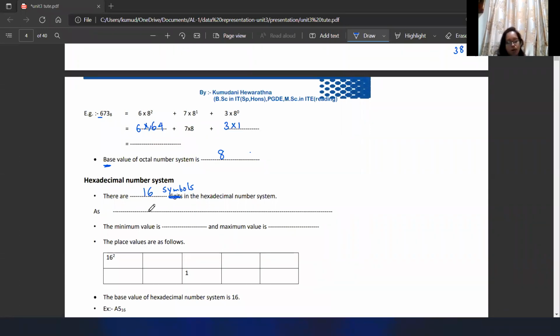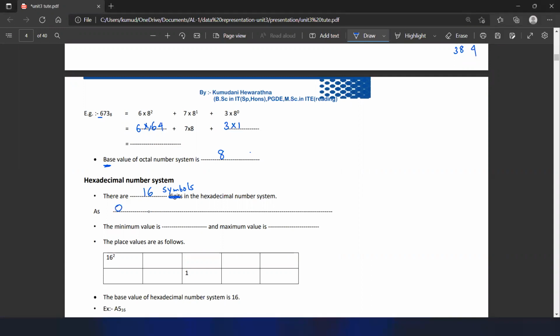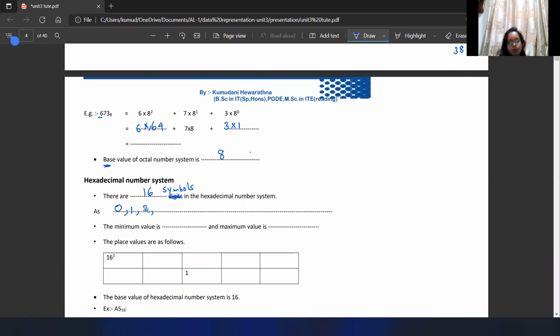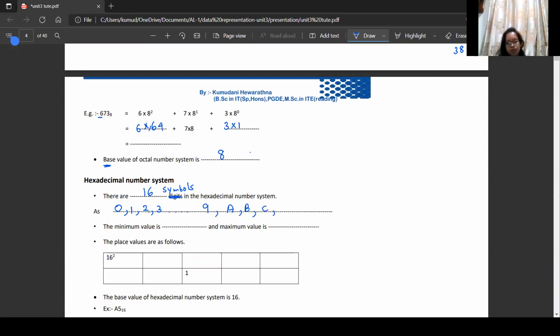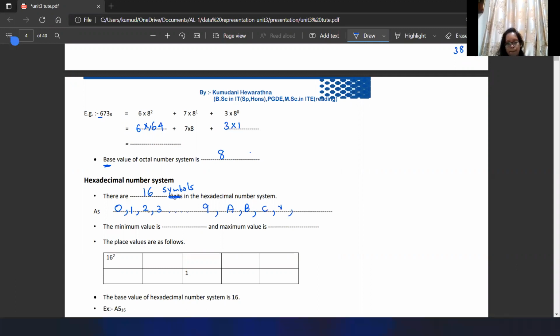What are the symbols? 0, 1, 2, 3, up to 9, as well as you have to write down the capital letters up to F. Please write all of the parts without missing.